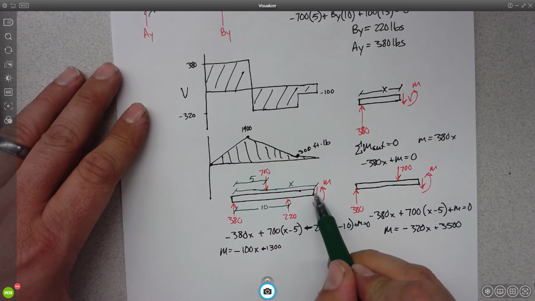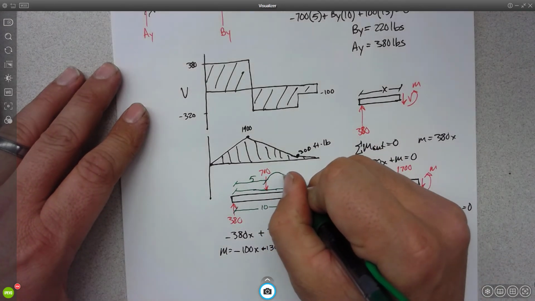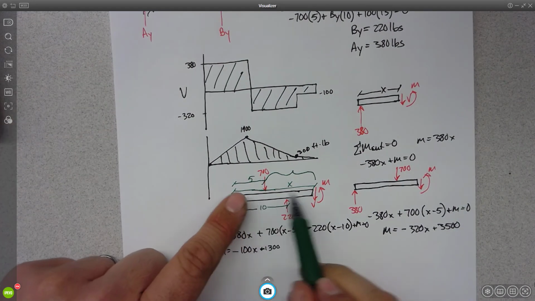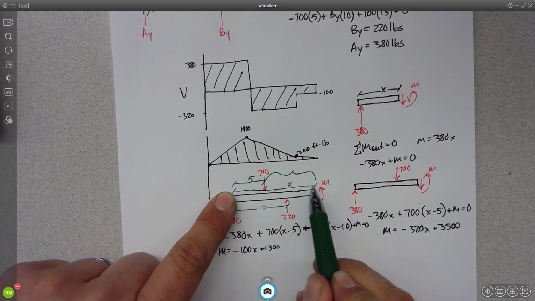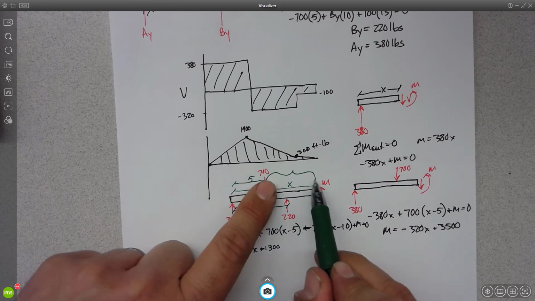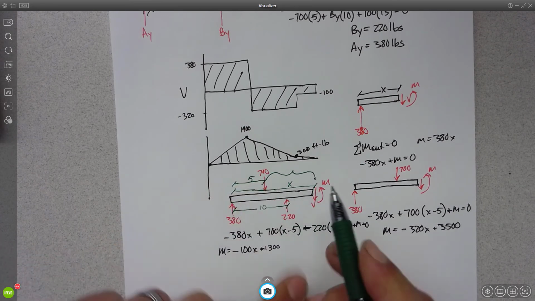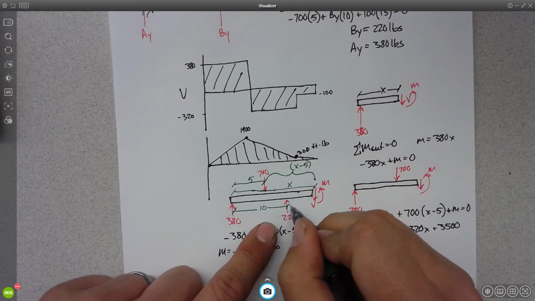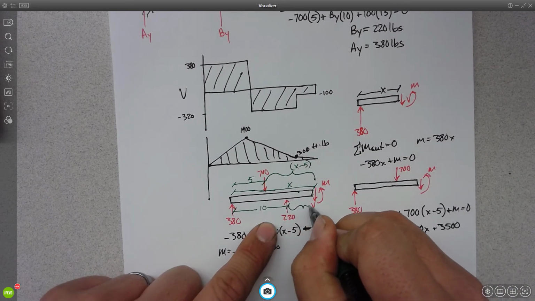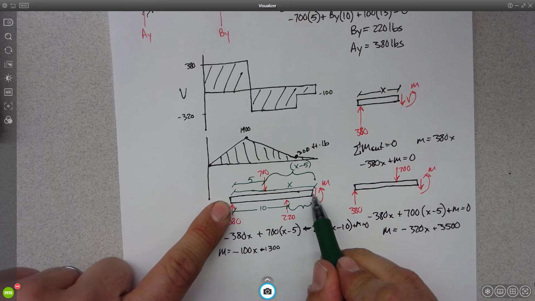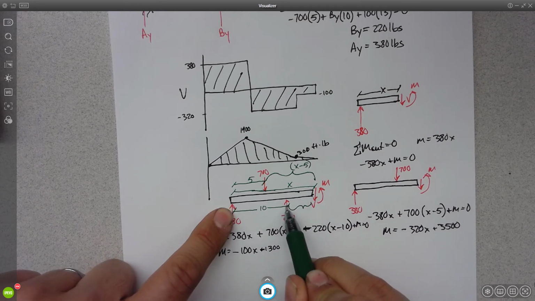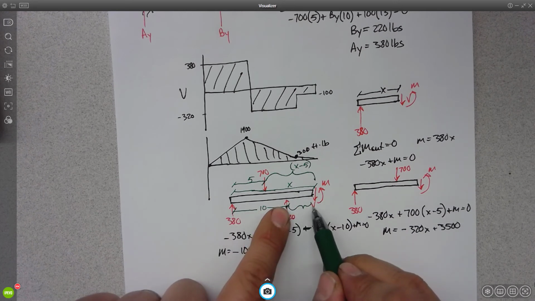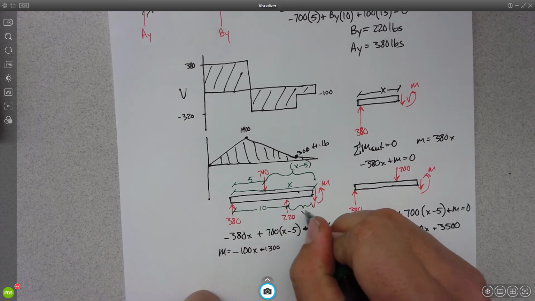When I'm summing moments about the cut, I want to know what this distance is, which if x is the whole length and I take 5 away, gives me this distance. So this distance is x minus 5. Same thing here. If the whole distance is x and this is 10, then the distance of the 220 from the cut would be x minus 10, which is this distance here.